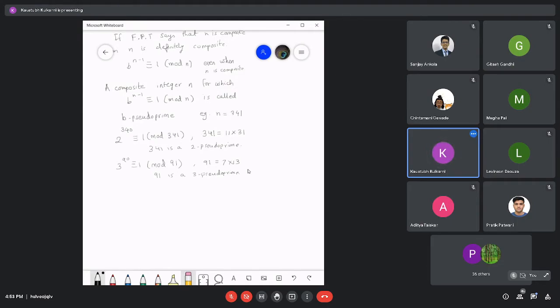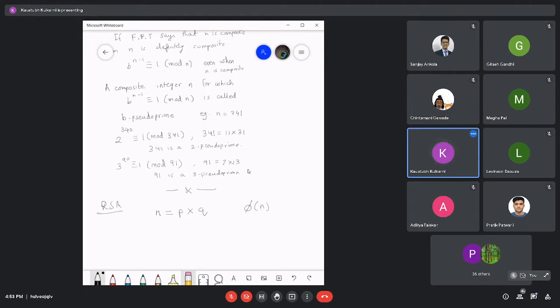So in the RSA algorithm, n is equal to p into q. Then you find the totient of n, and then the further calculations are done in case of RSA.